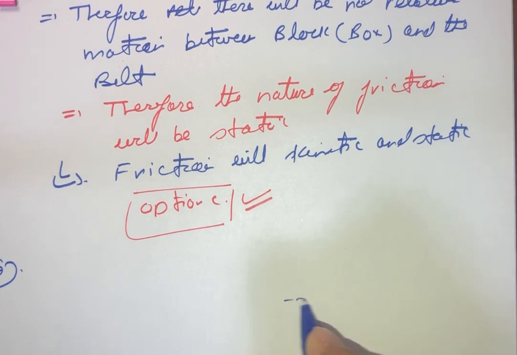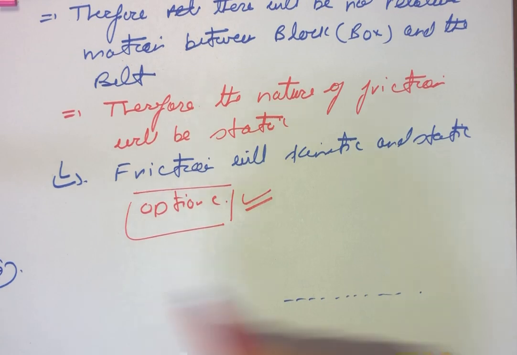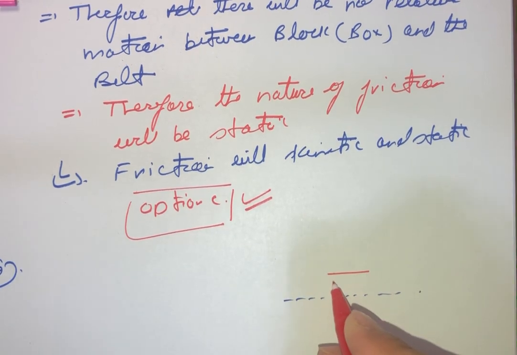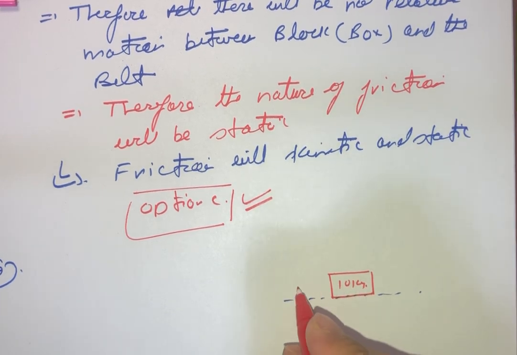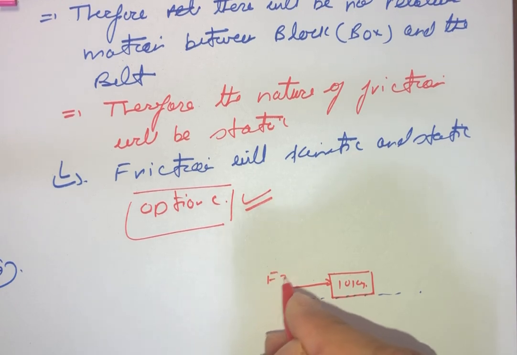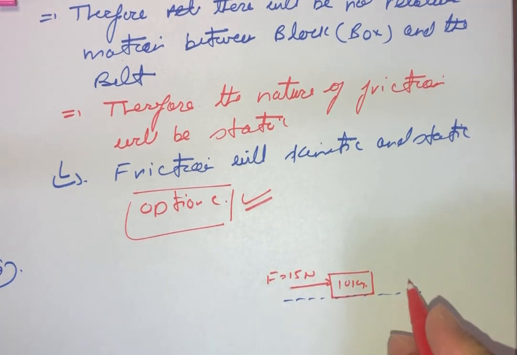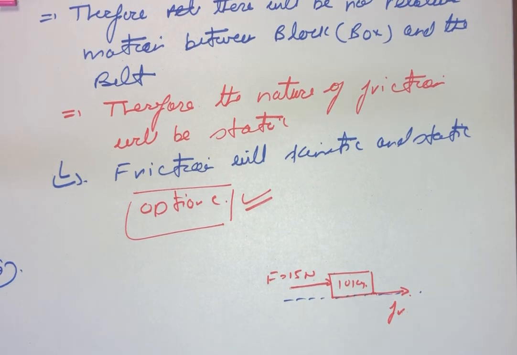Now this is the conveyor belt, and on it we have the box of 10 kg, and an external force F, which is 15 Newton, is being applied on it, and there will be a force of friction Fr acting on it.